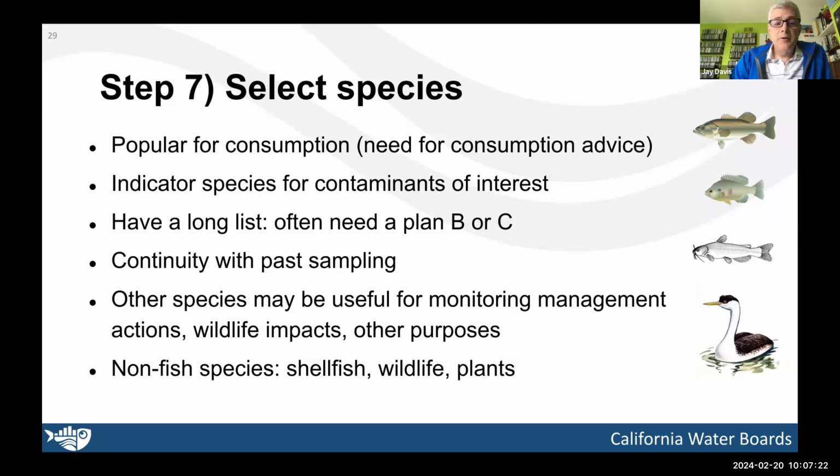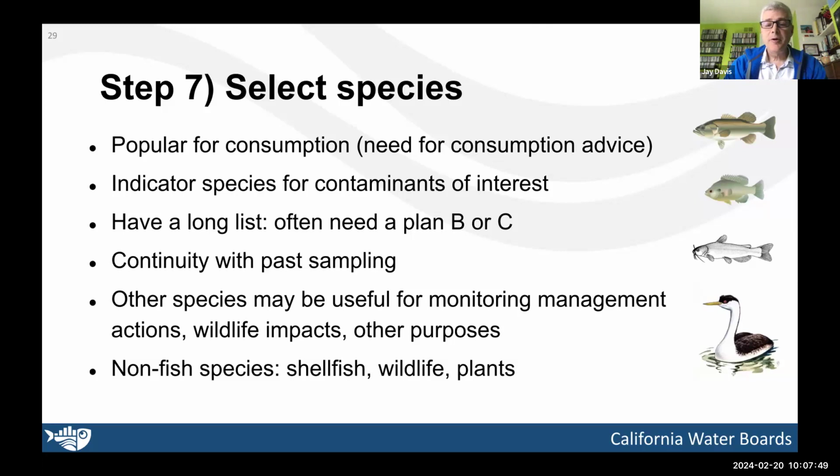One important design tip is that it's good to have a long list of species. If you're sampling a water body that's got a diversity of species present, this is very common on the coast, but also in some lakes, you often don't get exactly what you plan to get.